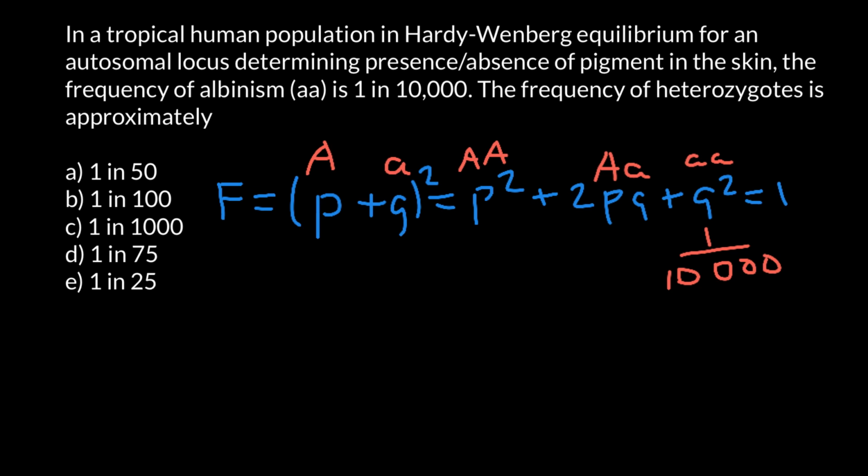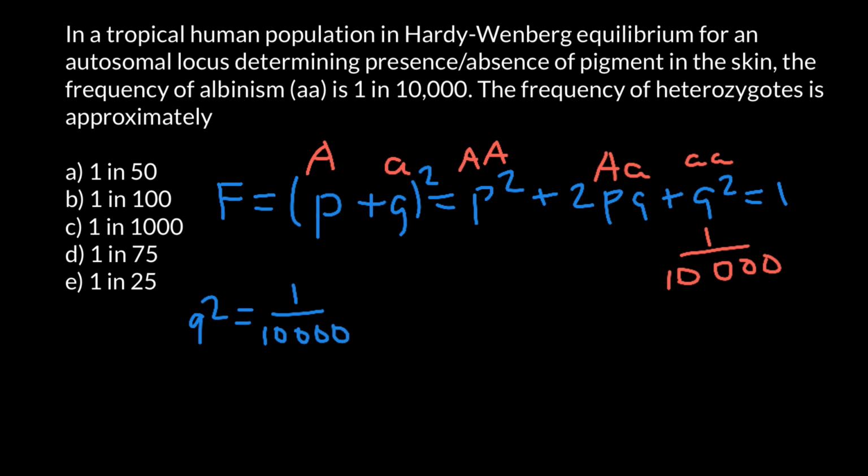So how are we going to find the frequency of the allele a? We basically just have to take the square root of this number. We know that Q squared equals 1 in 10,000.